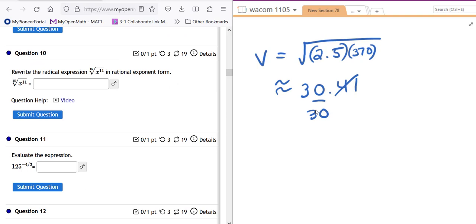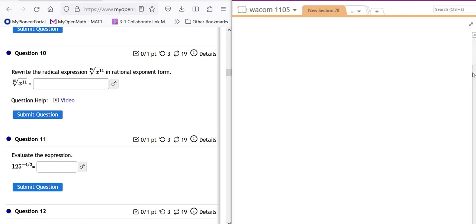All right, so question 10. So these are the rational exponents. Remember the fraction exponents? That's what's coming up in these next sections. So the 15th root of x to the 11th.